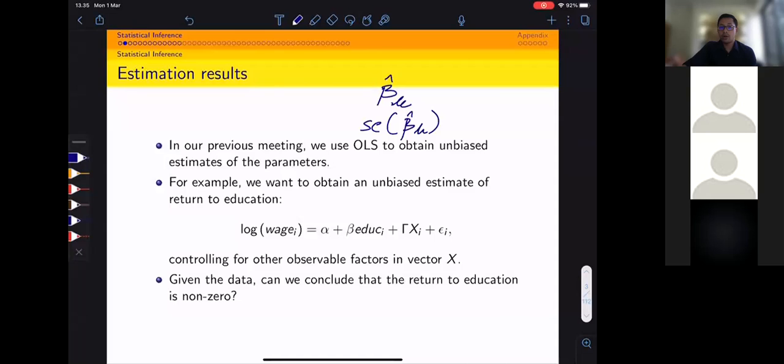If you recall, there are 4 assumptions so that we get an unbiased estimate of the parameters beta. We also need 5 assumptions to get an unbiased estimate of the standard errors. Anyone would like to state the 4 assumptions such that we get an unbiased estimate of the betas?